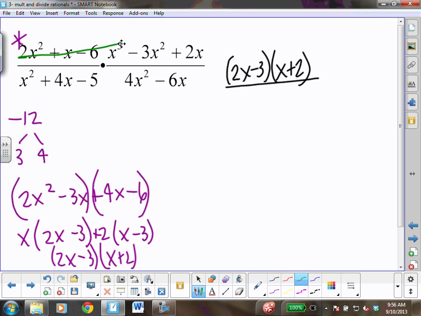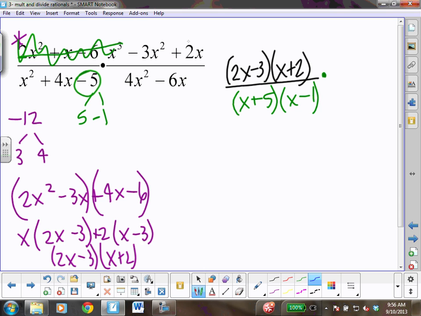So I factored that top, so I'm done with that one. So let's factor the bottom. The leading coefficient's 1, so I just have to think of factors of negative 5 that add up to give me 4, which would have to be 5 and 1, and the 1 being the negative number. So on the bottom of this first fraction, I have x plus 5 and x minus 1.